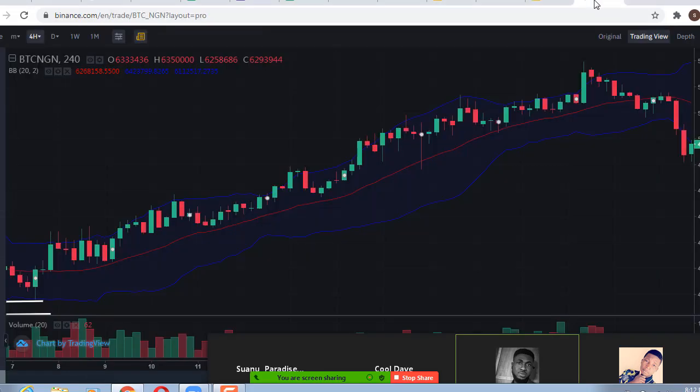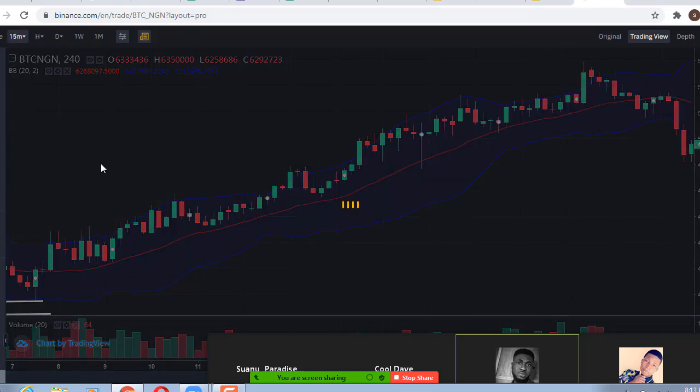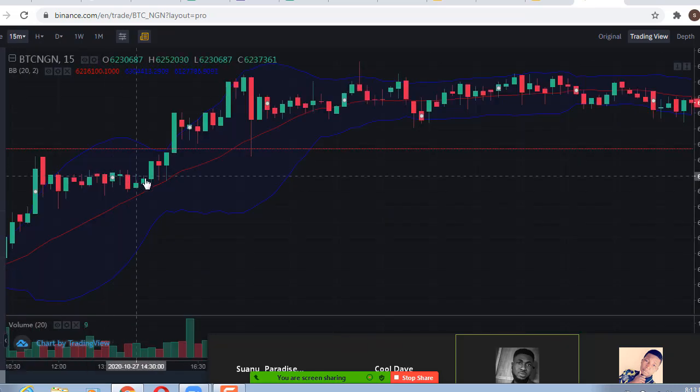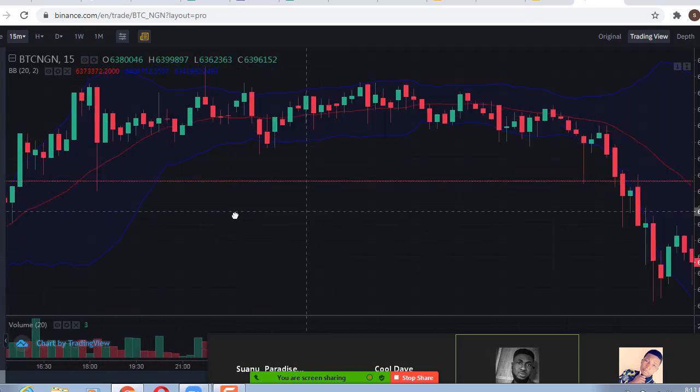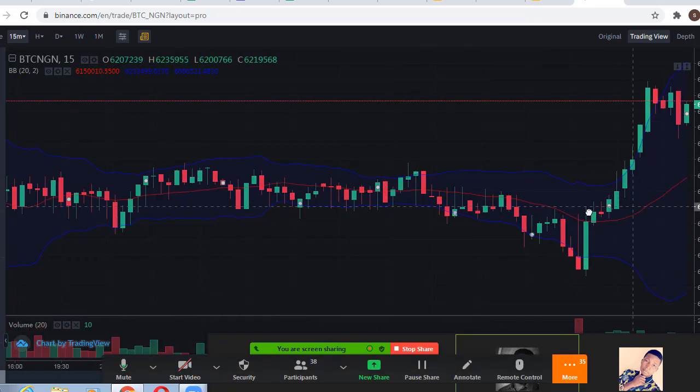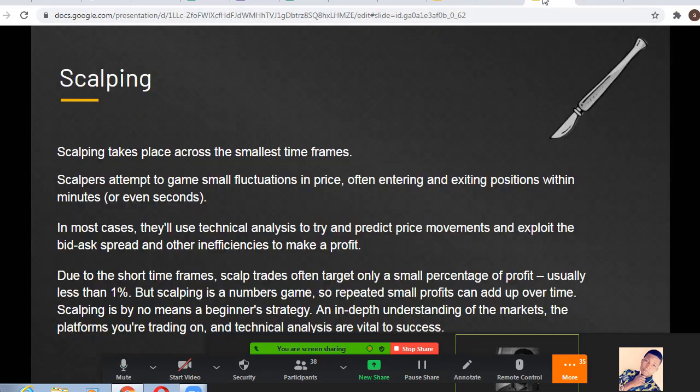So scalpers mostly use the lower time frames like 1 minute charts, 5 minute charts, or 15 minute charts at most, because you are looking at entering the position in and out. If you look at a 1 day chart, you can't be a scalper because it's very dull. So you have to go to the smaller time frame to look at your trade so that you can enter in and out of a position frequently.